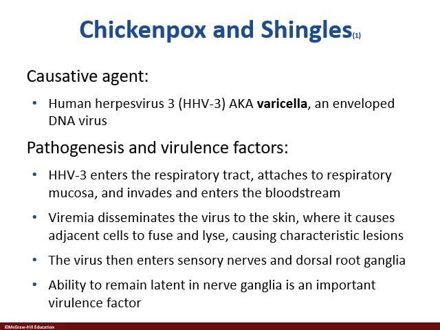Attaches, the mucosa invades, could be a problem. Because if it goes the respiratory route, it's going to get down into the lungs, get into the blood. You have viremia. Viremia is a virus infection of the bloodstream, and then it goes everywhere.